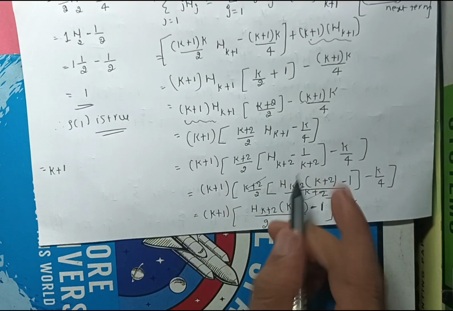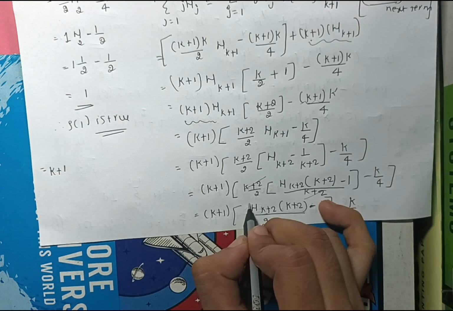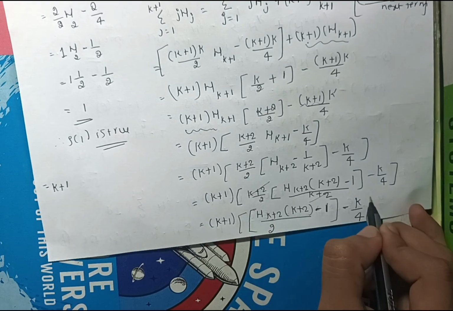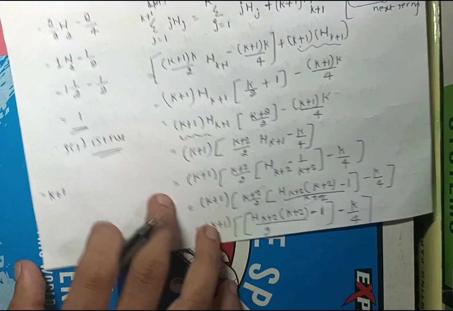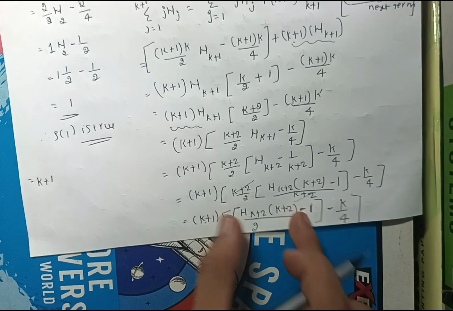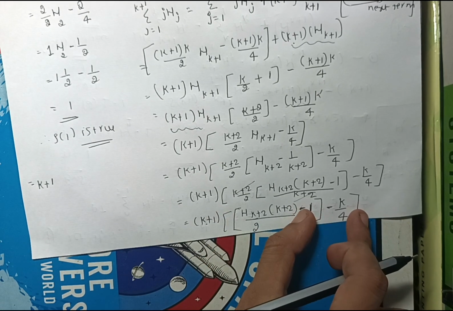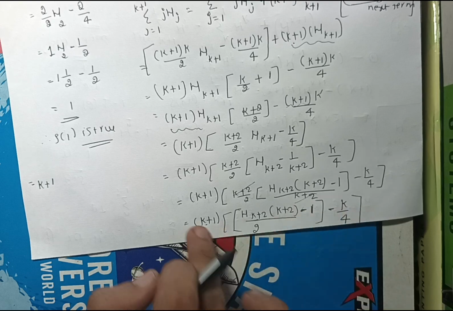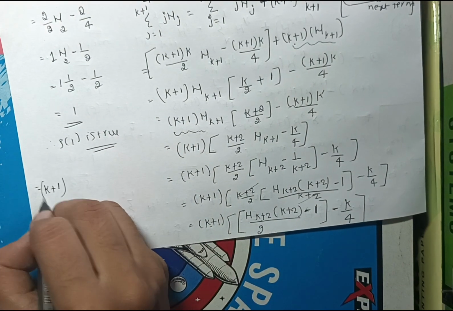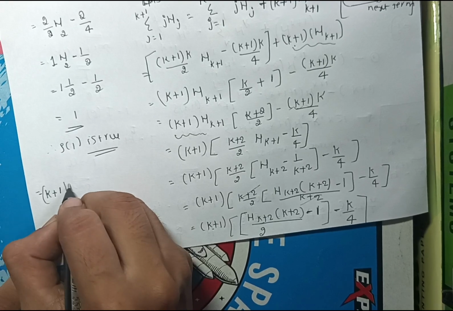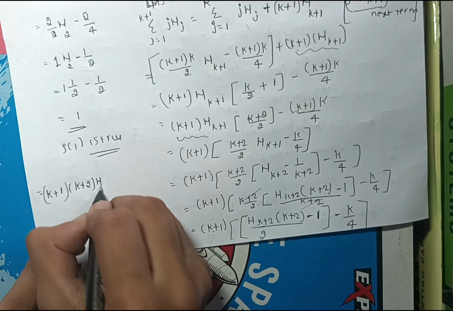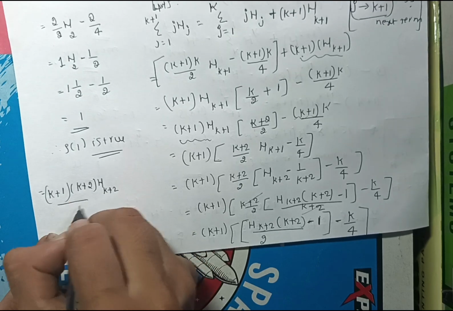Okay, here I missed one more bracket, h of minus 1, here is a bracket and here is a bracket. Now k plus 1 multiply with these terms and separate these terms, negative terms, and multiply by k plus 1, that is nothing but k plus 1 into k plus 2 h of k plus 2 by 2.